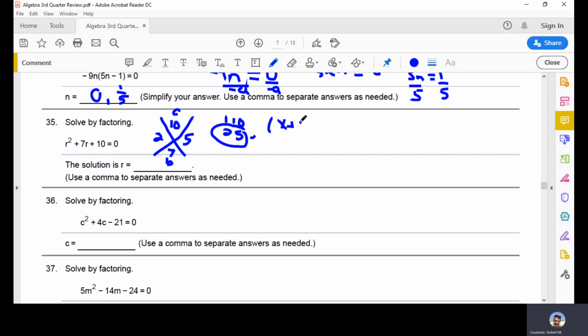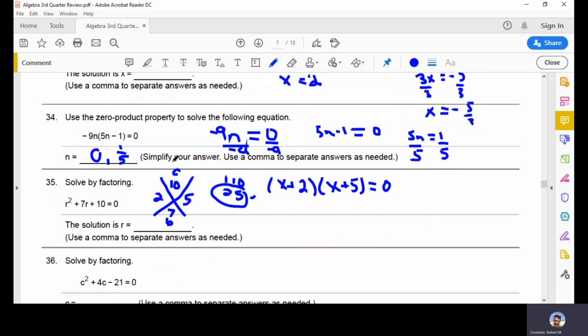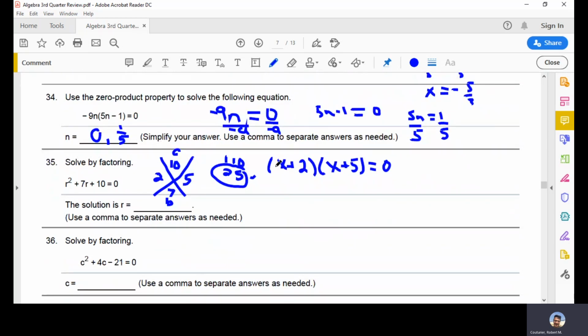So then we're factoring x plus 2 and x plus 5. Remember, this is not an expression this time. This time this is an equation. So you still have to keep the equal sign. And now, because there's that equal sign there, we have, just as we did up here, zero product property. Set each piece equal to 0.